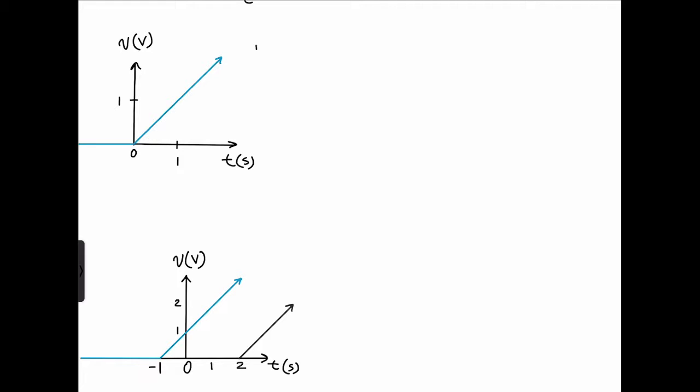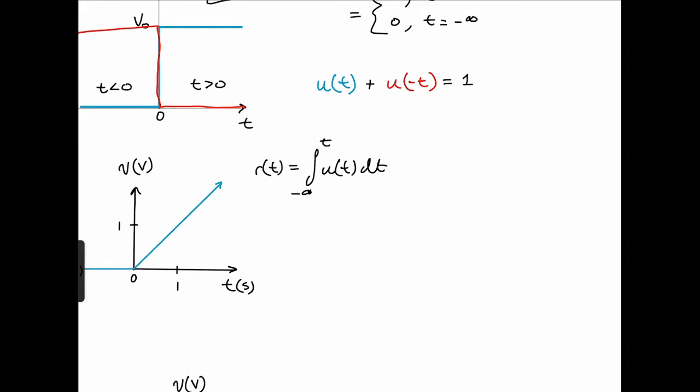So r of t, which is our ramp, is the integration of our unit step function from negative infinity to some value of t, u of t dt. Notice that from negative infinity to 0, our ramp function is 0, and also from negative infinity to 0, our unit step function is 0.